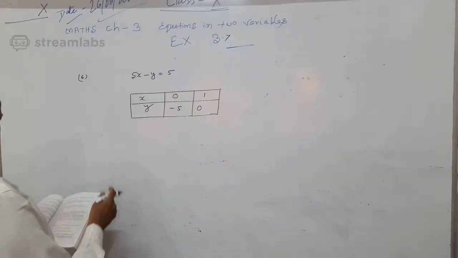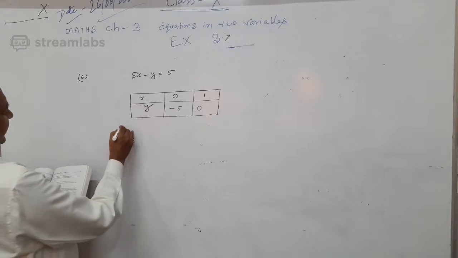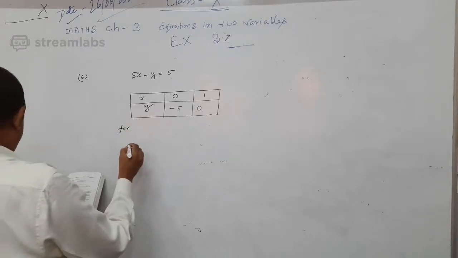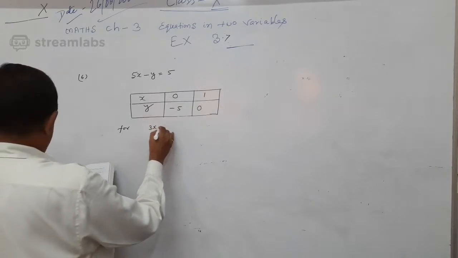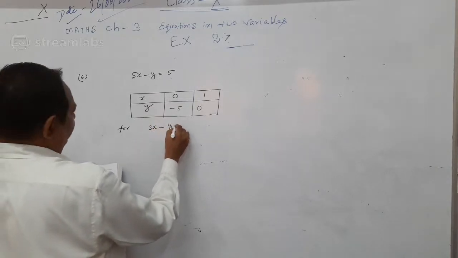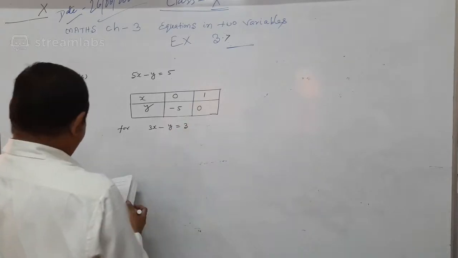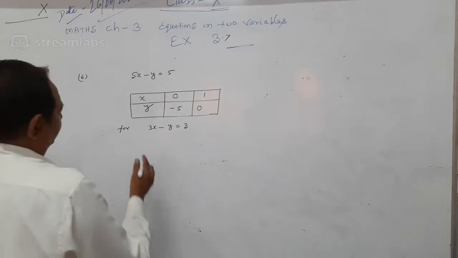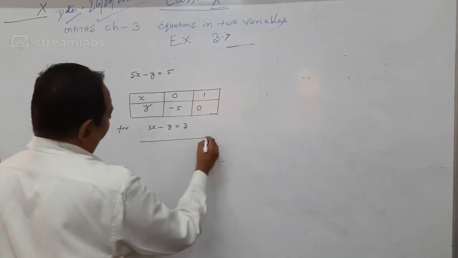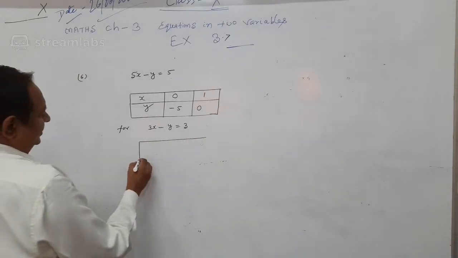Similarly, for second equation. Second equation is 3x minus y is equal to 3. So make a table for different values of x and y.